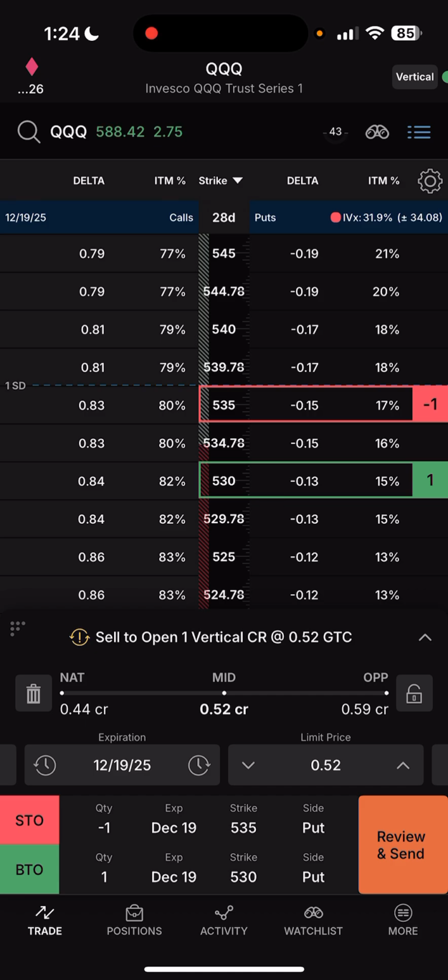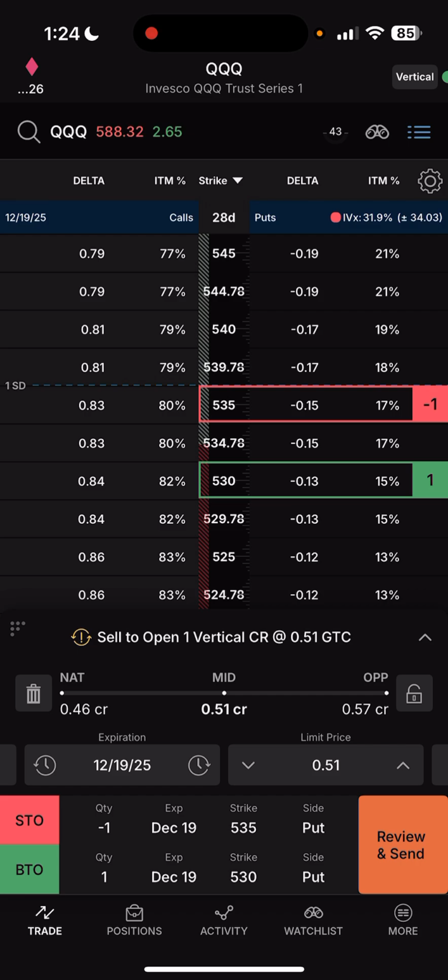Okay, so what you're going to do, again, your profit driver that you're selling is at 535, which is the red, and then the 530 you're buying for protection. The limit price you can see is about 52 to 53. That's the mid price, and we've got the 46 credit at the low end and the 57 credit at the high end for this spread.